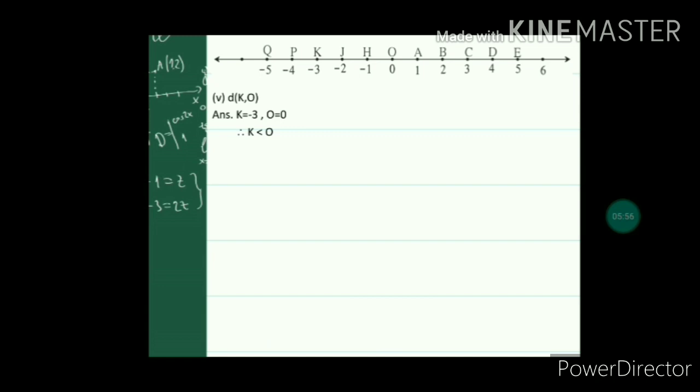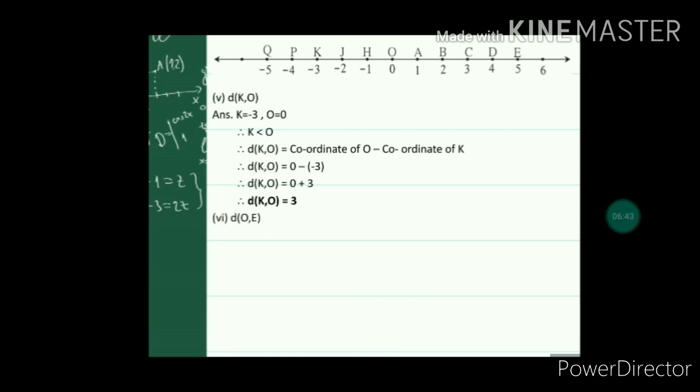Therefore, minus 3 is less than 0 means K is less than O. Therefore, distance of KO is equal to coordinate of O minus coordinate of K. Coordinate of O is 0 minus in bracket minus 3. Therefore, distance from K to O is equal to 0 plus 3 is equal to 3. Therefore, distance of KO is equal to 3.